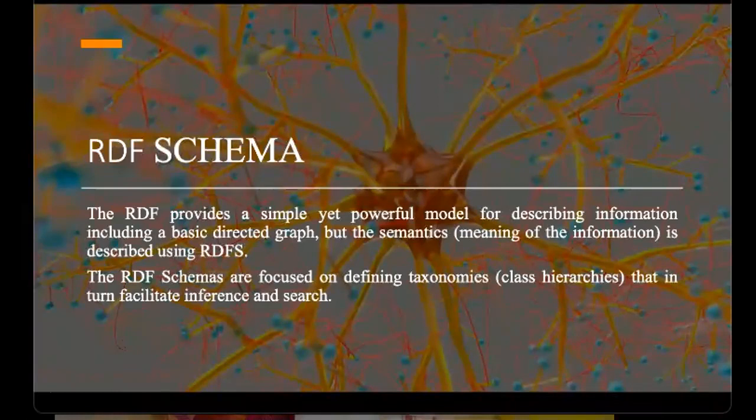The purpose of RDF Schema is to provide an XML vocabulary that can express classes and their subclass relationships, as well as to define properties associated with classes. RDF Schema is focused on defining taxonomies, that is class hierarchies, that in turn facilitate inference and search. The schema is actually a primitive ontology language, which we will see in the upcoming classes.